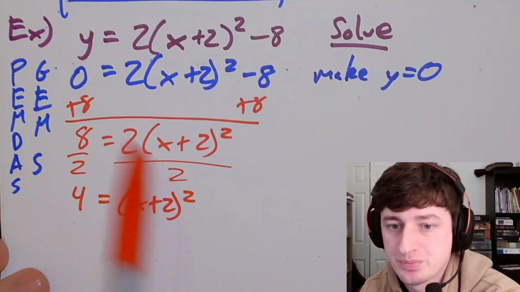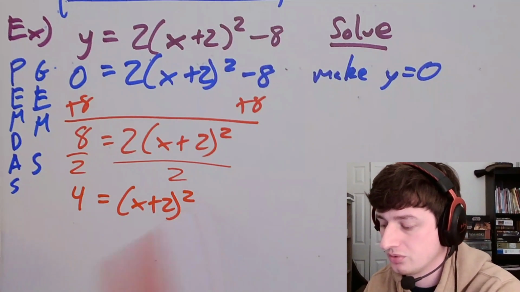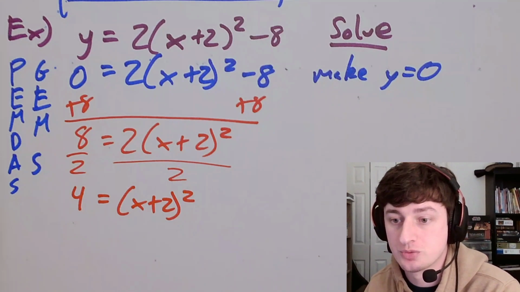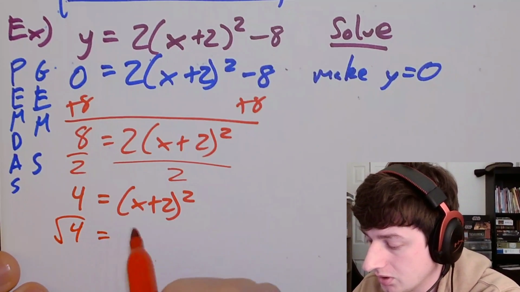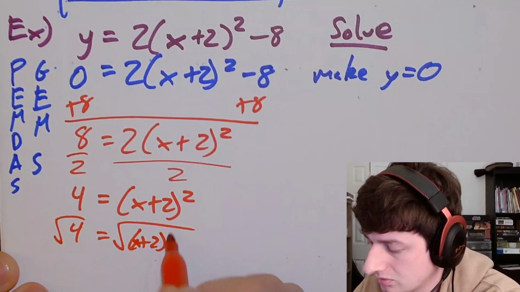And now we have an exponent, right? We have this 2. So we need to do the inverse of the exponent, which means we're going to take the square root of both sides. So the square root of 4 equals the square root of x plus 2 squared.